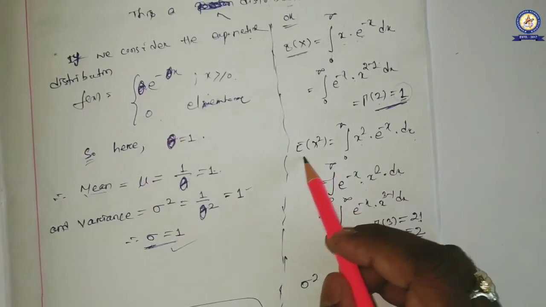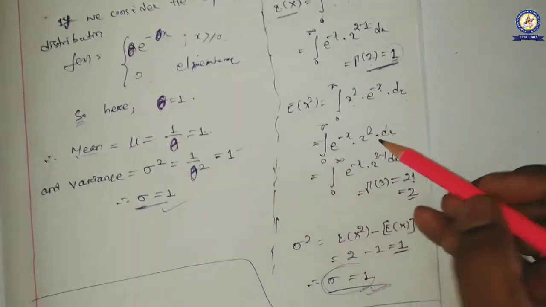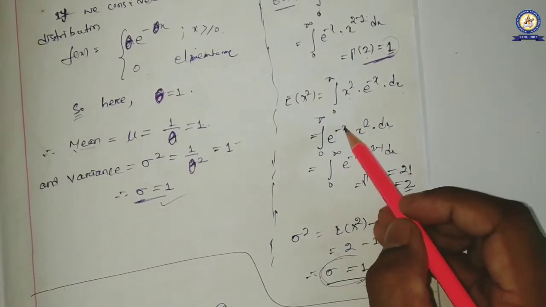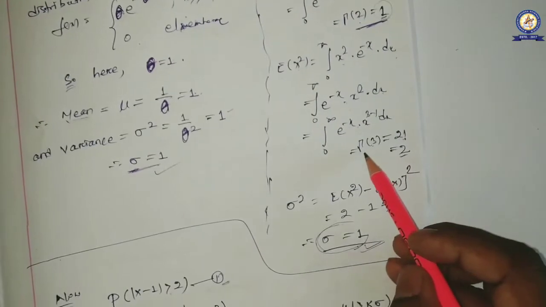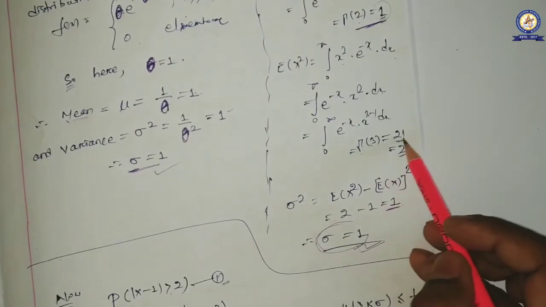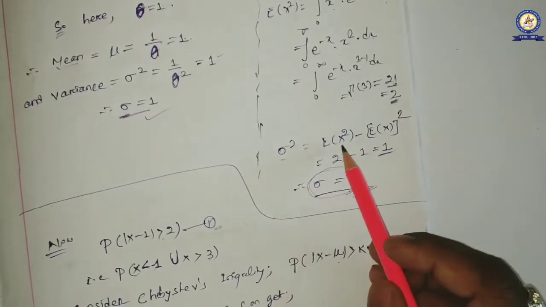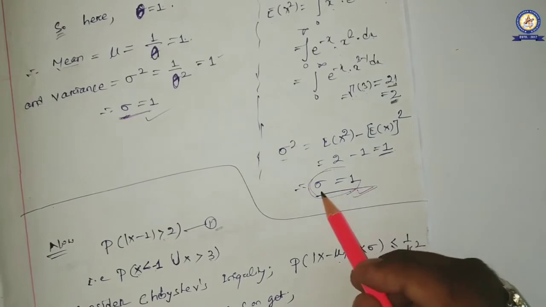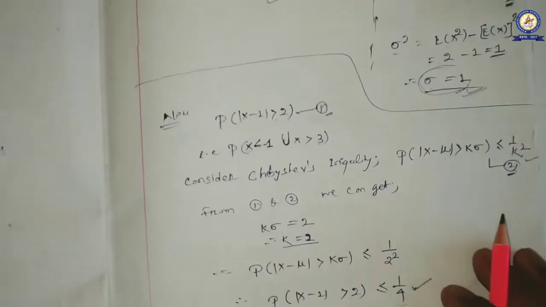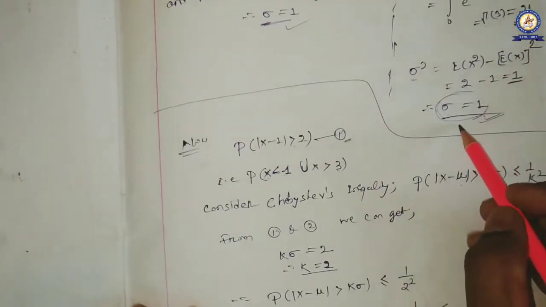Similarly, E of x square is the integral from 0 to infinity of x square e to the minus x dx, or e to the minus x into x to the power 3 minus 1 dx, which is nothing but gamma 3, equal to 2 factorial, equal to 2. So variance will be E x square minus E x whole square, 2 minus 1, which is 1, and standard deviation equals 1. So you can also use the direct method to find the mean, variance and corresponding standard deviation.